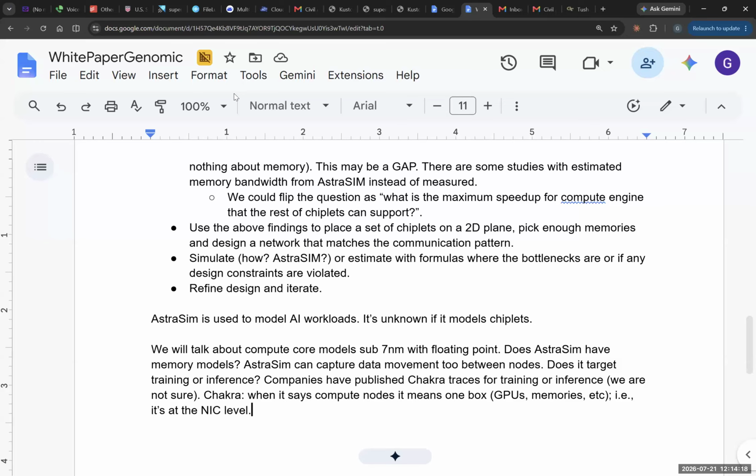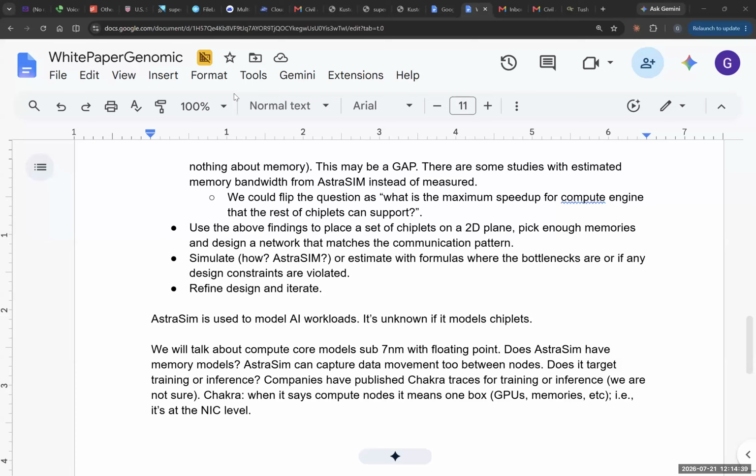Yeah, that makes sense, because that's a common design boundary in industry today, the NIC. You have the scale-up and scale-out networks, and you have what is inside the NIC. But for us, we'll see if we can make use of it.